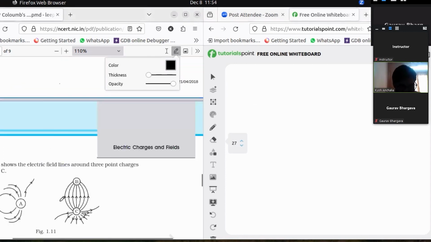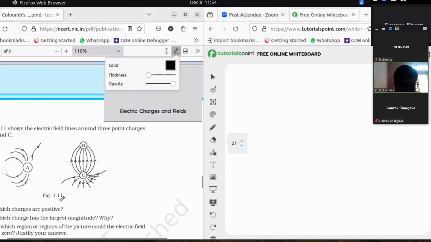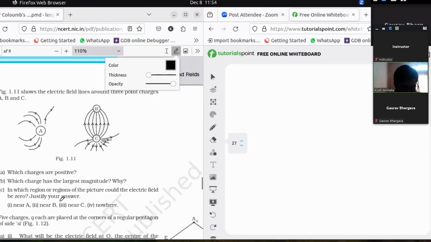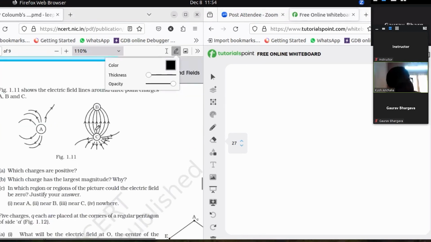Next question is, the figure shows the electric fields around three point charges A, B, C. Which charges are positive? A is positive because the electric field is coming out from here. Going inside, B is negative. Going outside, C is positive. Whenever field lines go outside, it is plus. Whenever they come inside, it is negative. Simple logic.